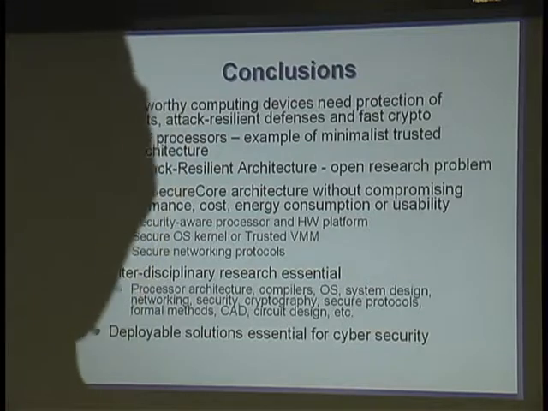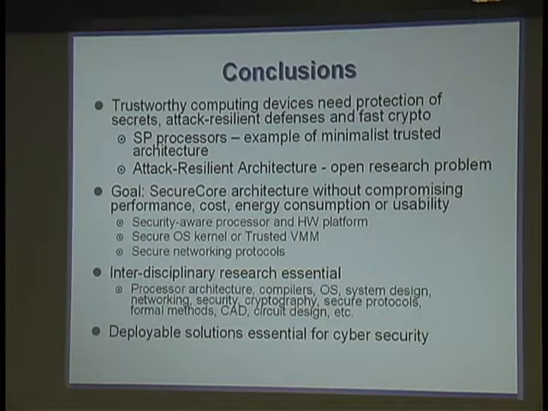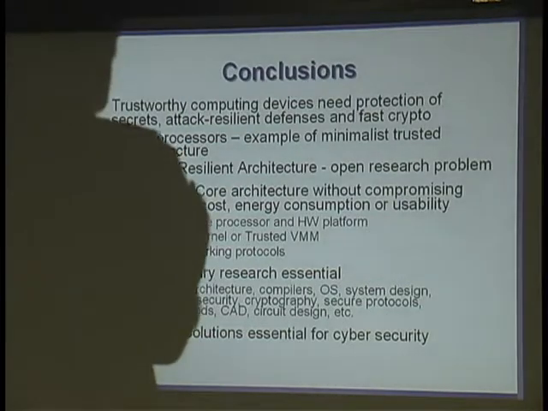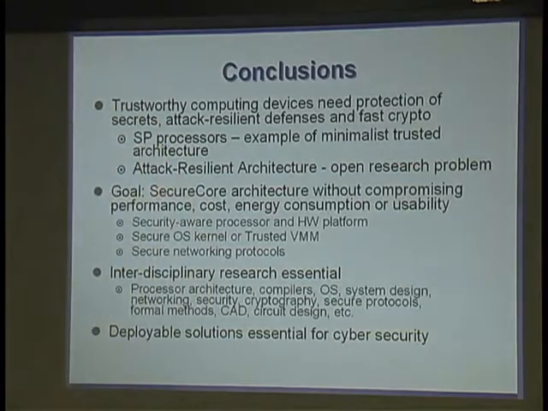But trusted computing devices should also have attack resilience built into them. And this is another problem we're trying to look at in the context of my research at Princeton, and this is clearly an open research problem. What can the hardware do to provide fundamental features that help you to build attack resilient systems? Okay.